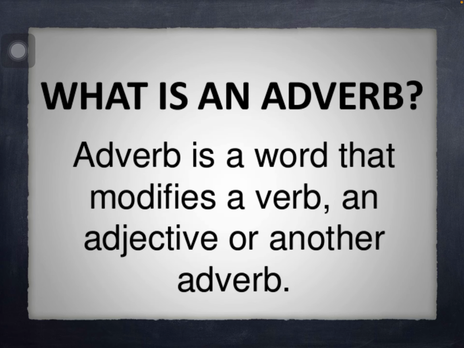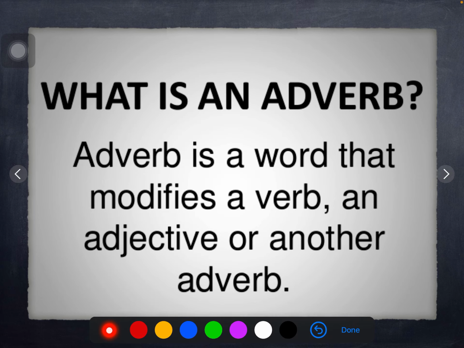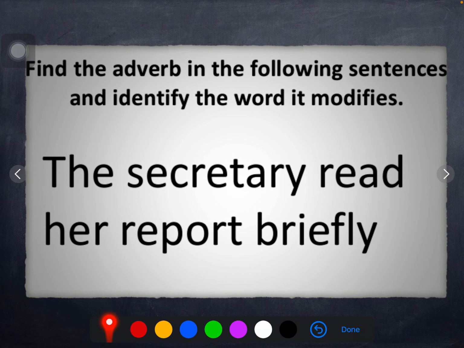The adverb describes the verb. So the word that describes the verb will be the adverb. All right, this is an example. The sentence is: the secretary read her report briefly.